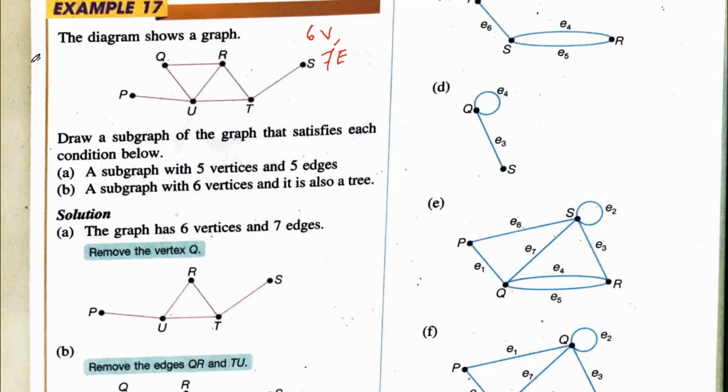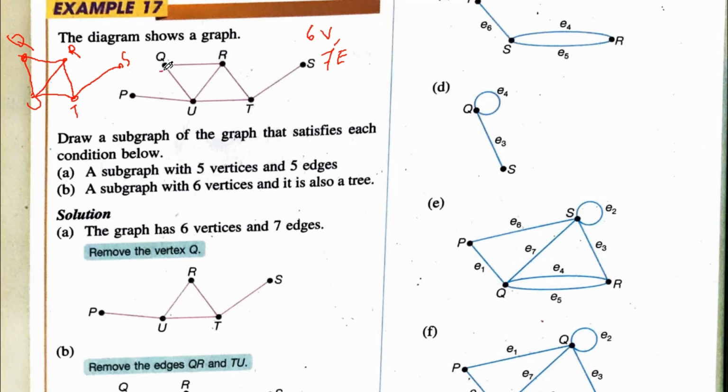If I remove P, then I am left with Q, U, R, T, S, with 5 vertices but 6 edges. So this is not as required by the question. The question wants 5 vertices and 5 edges.